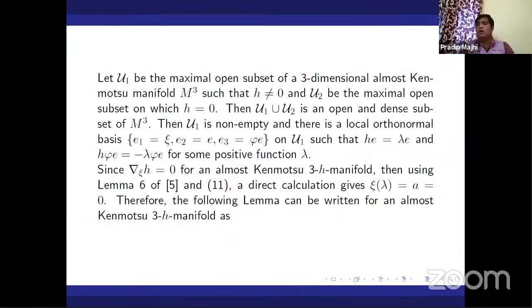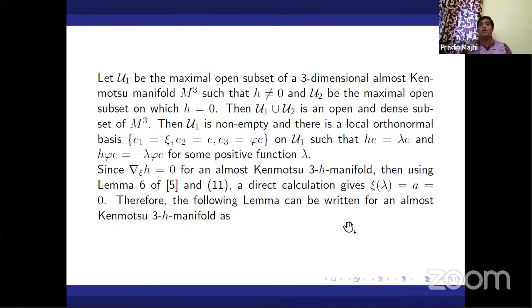Now we will sketch the proof of our theorem that we have already mentioned. For that, we need to develop some notations and results. Let U1 be the maximal open subset of a three-dimensional almost Kenmotsu manifold M3 on which h is not equal to 0, and U2 be the maximal open subset on which h equals 0.